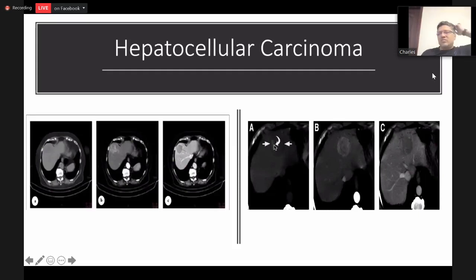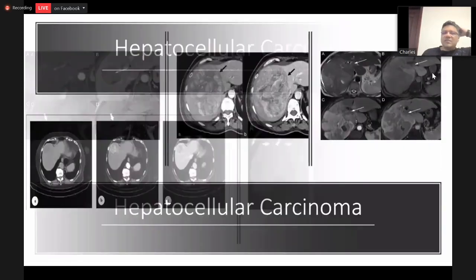Bleed into the tumor is seen in patients with hepatocellular carcinoma. So whenever you see a hemorrhage into a tumor with arterial hyperenhancement and venous washout, it is likely to be hepatocellular carcinoma. And whenever you see a tumor with a capsule in the delayed phase, it's likely to be hepatocellular carcinoma.